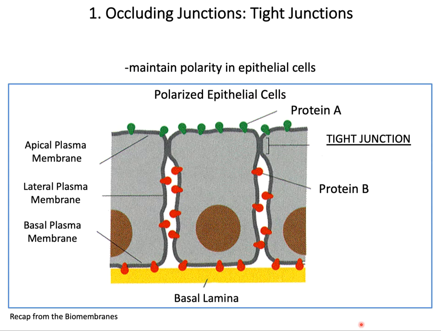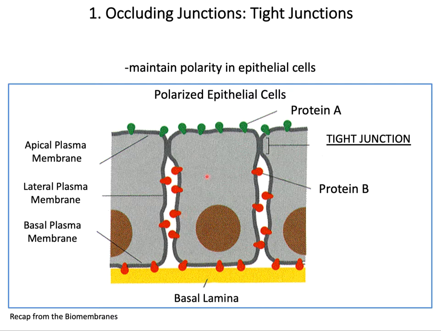Here is a diagram of the epithelial layer, and you will remember that the epithelial cells are polarized in that they have an apical plasma membrane, an apical domain, and a basolateral domain. The apical domain is shown as the top of this layer in green, and the basolateral domain is the rest of the membrane.